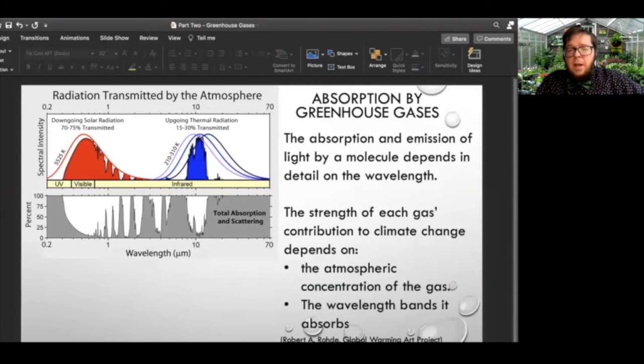So if you look at the upper half of this image in the red and the blue, and you look at the negative space, the white space in the lower part of the image, you see that, wait a minute, if I were to take the red and blue parts of this picture and fold them down, they fit very neatly into this white space here. In other words, the red shape and the blue shape are what get transmitted. Everything else is gray in the lower part of the picture, and it's what gets absorbed and scattered.